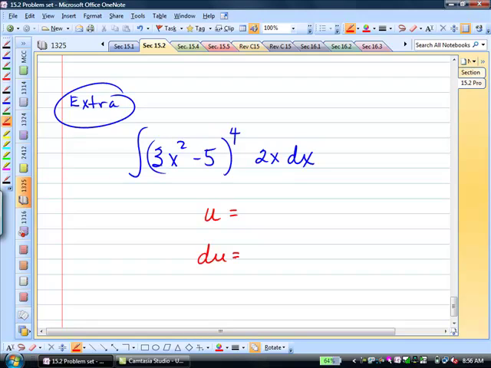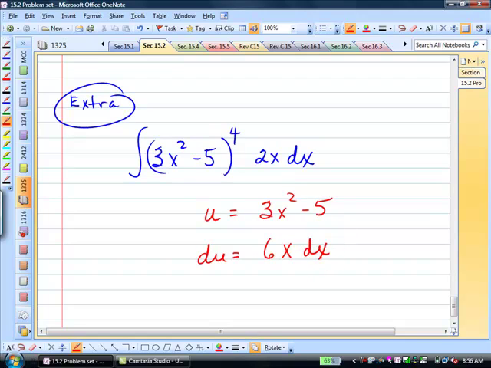What would you be? 3x squared minus 1. And what's the derivative of 3x squared minus 5? 6x. Not 6x minus 5.